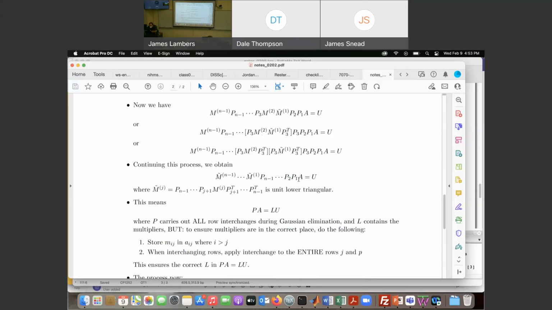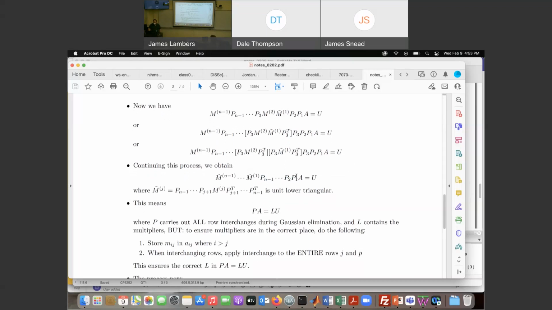So whatever happened when working on the first column, then the second column, and so forth. If we're multiplying in this order from right to left, then that's P. So P is right here. The work that we did in the first bullet point on page 2 shows how all of those row interchanges were collected instead of distributed throughout.